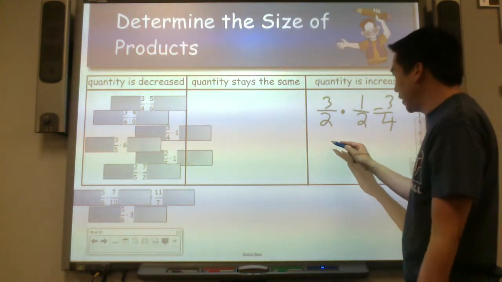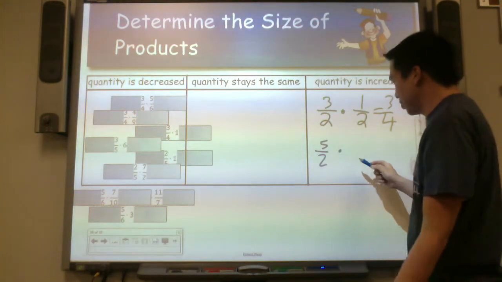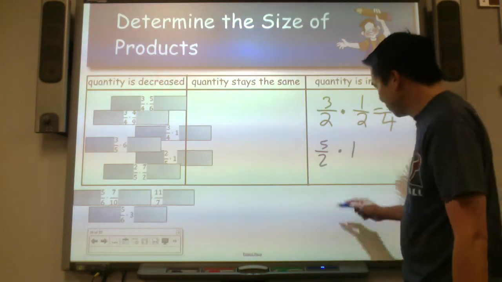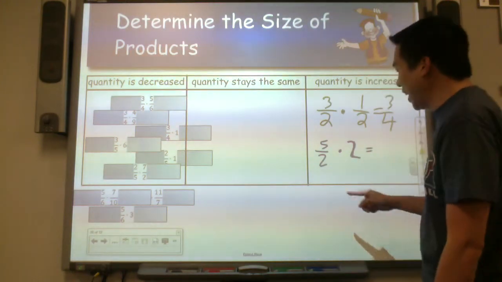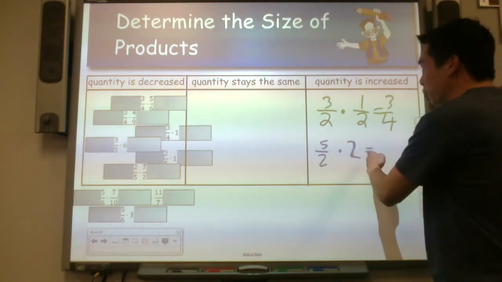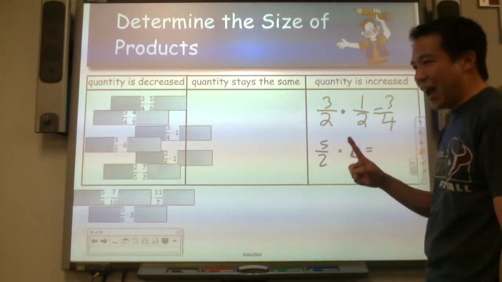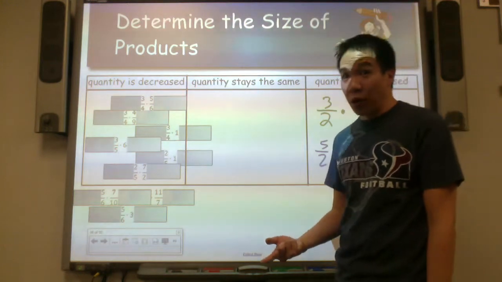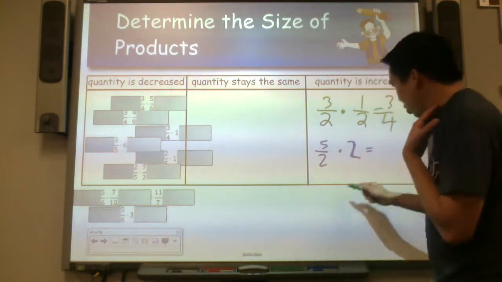Let's try 5/2 times 1. Or let's do 2. Will 5/2 increase our quantity, keep it the same, or decrease? 5/2 is definitely more than 1 whole. It's really 2.5. So let's multiply this.